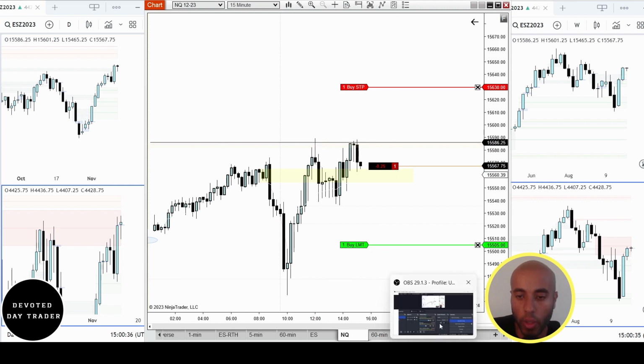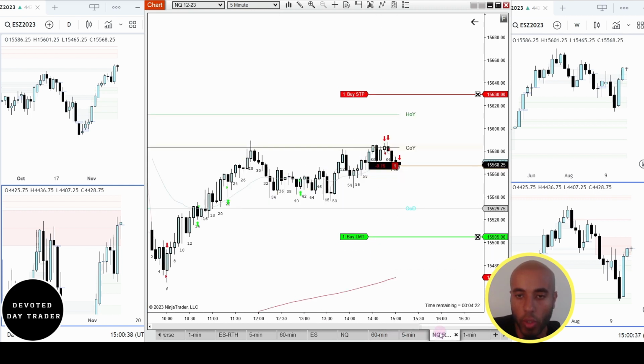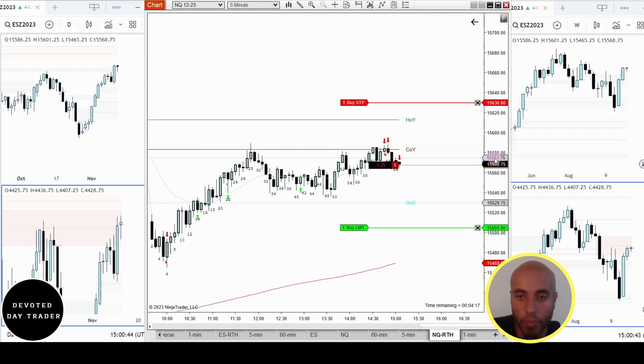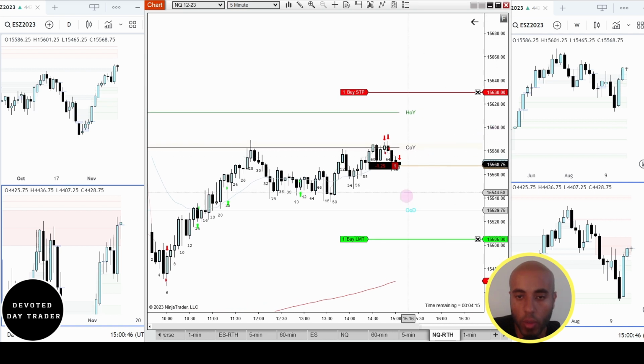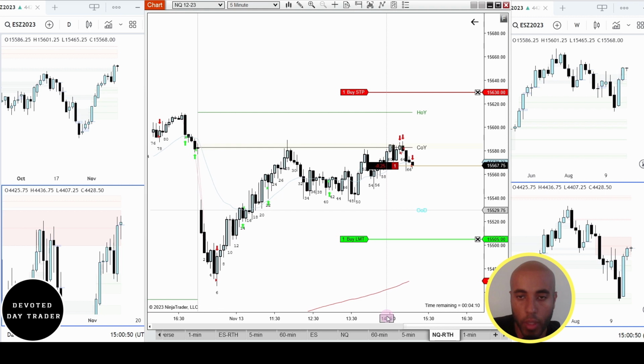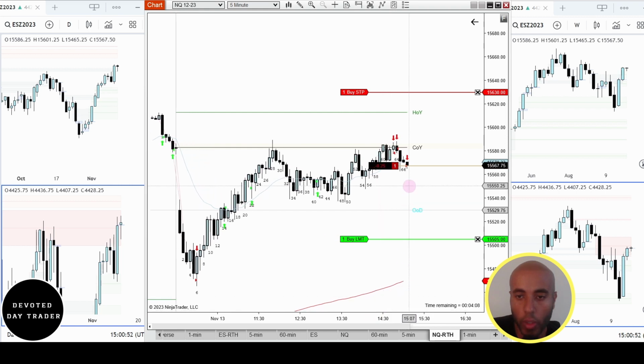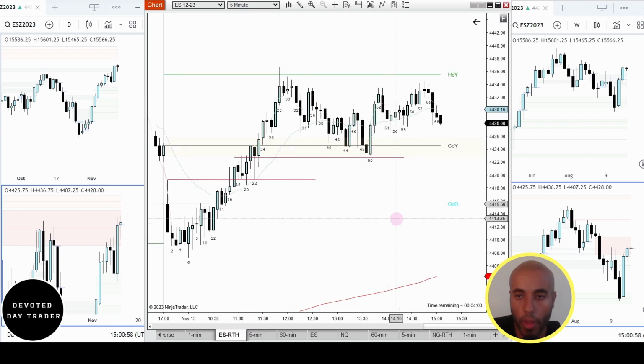And on the 5 minute chart, regular trading hours, it may want to trade to the open of the day. So I'm not expecting a big move down, but it may want to close at around the open of the day. The same thing with ES.